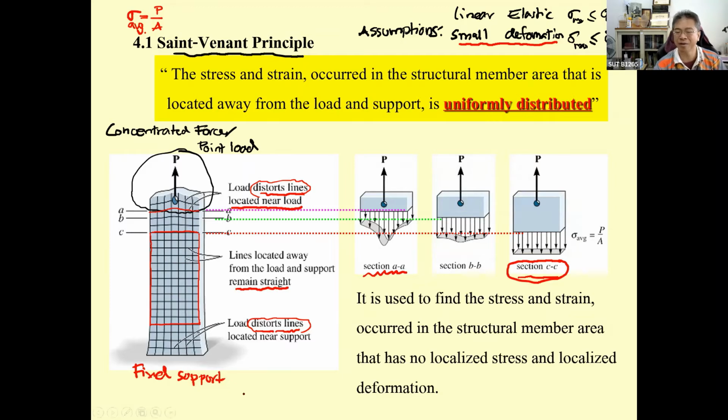By doing this, we may say the stress and strain on the structural member have no localized stress and no localized deformation. Okay, and then the stress is a uniformly distributed load. The strain is also going to be uniformly distributed on this portion. That is going to be our third assumption.